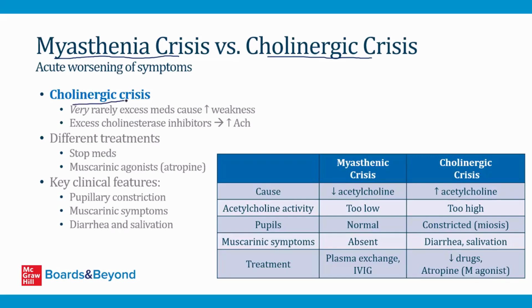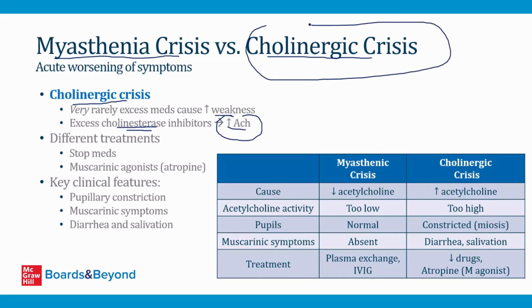So a cholinergic crisis is a very rare cause of increased weakness in patients with myasthenia gravis, and it's caused because we treat these patients with cholinesterase inhibitors, which I'm going to talk about in a minute. These drugs boost the levels of acetylcholine at the neuromuscular junction, and that's good for myasthenia gravis. However, if the patient is overdosed on cholinesterase inhibitors, they can get so much acetylcholine at the neuromuscular junctions that they get a cholinergic crisis, which also causes weakness similar to a myasthenia crisis.